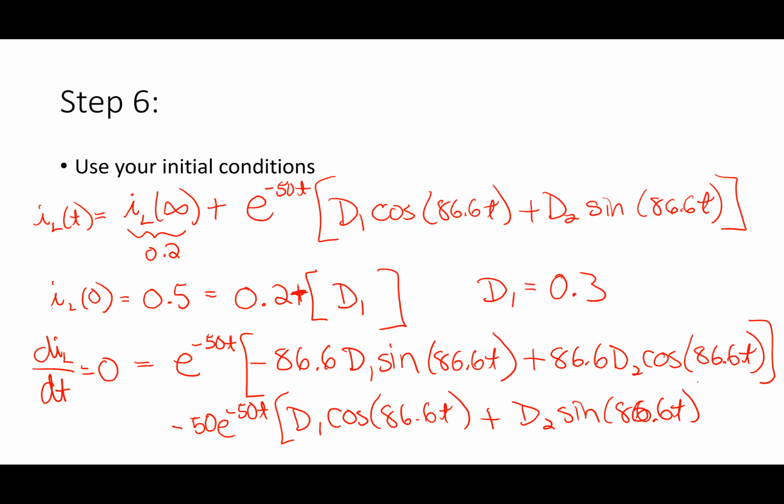And I need to evaluate this at t equal to 0. What I'll find is I'll get another equation that'll let me solve for D2.